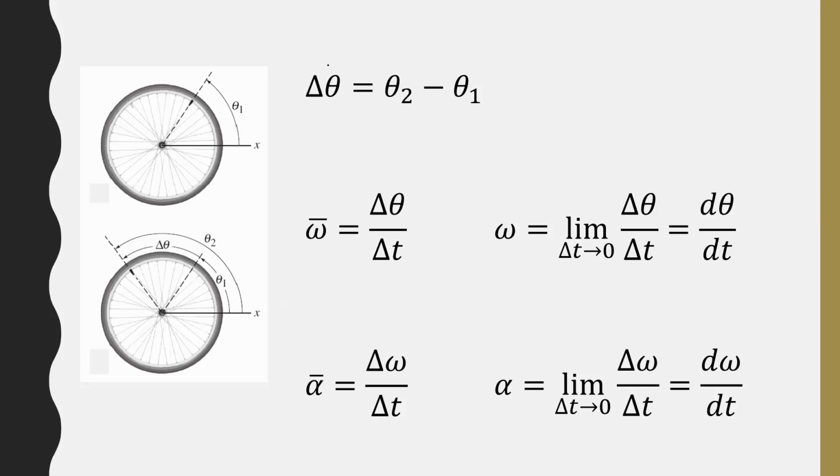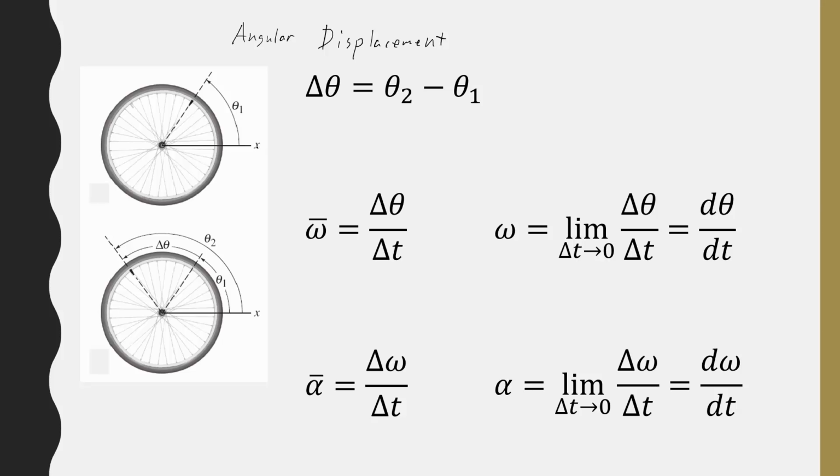So in linear or translational motion we had displacement, and now we're going to have angular displacement. Same idea where it's describing your location, displacement, but now we're doing it in terms of your angular orientation rather than your orientation in space.